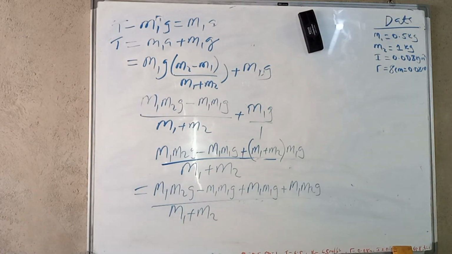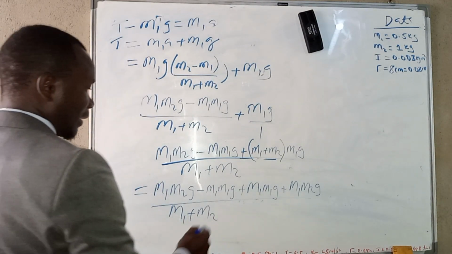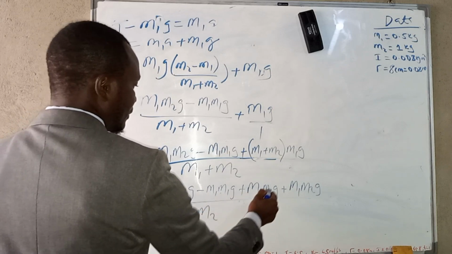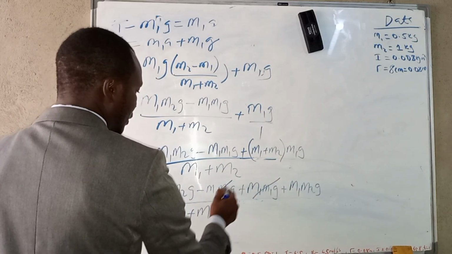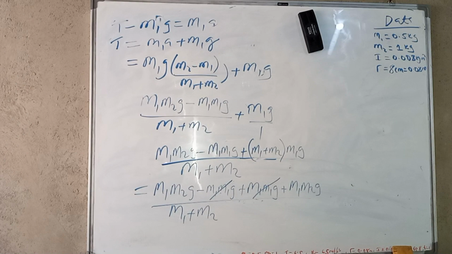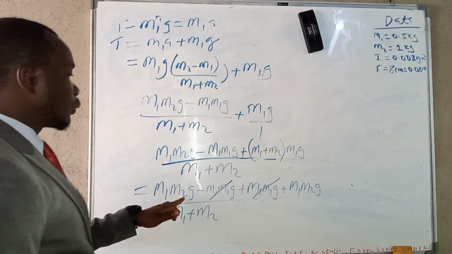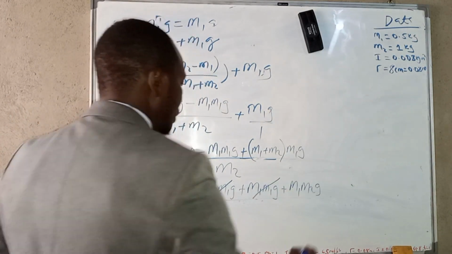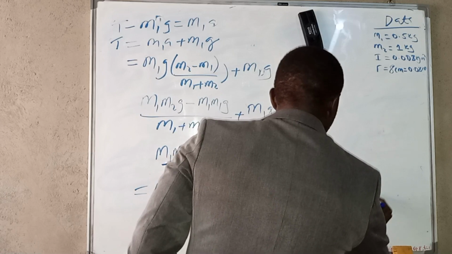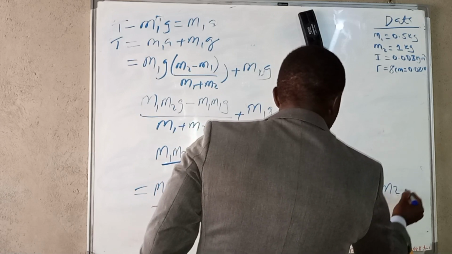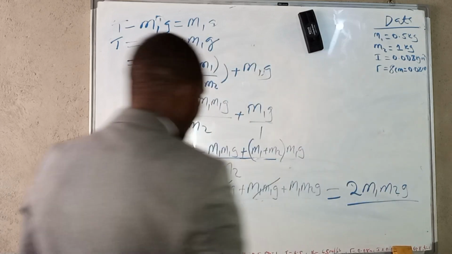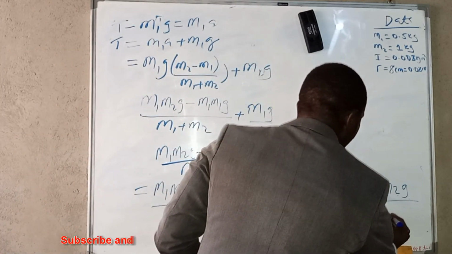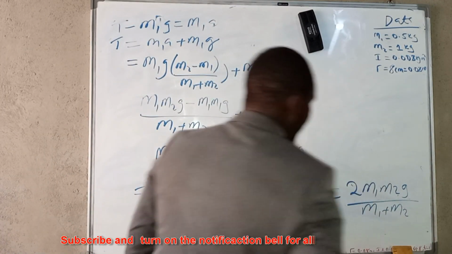This one is negative and this one is positive, so they cancel, and we have M1M2G and M1M2G. So we get tension T equal to 2 M1M2G over M1 plus M2.